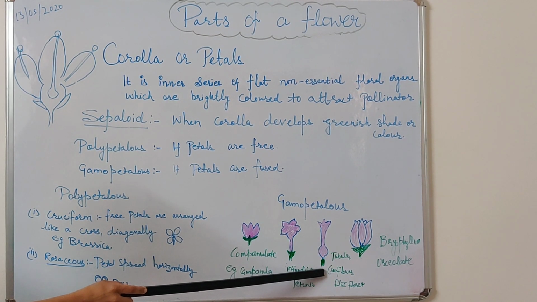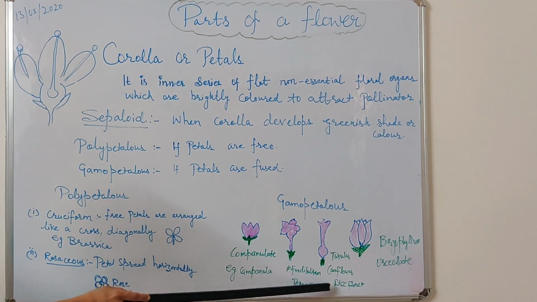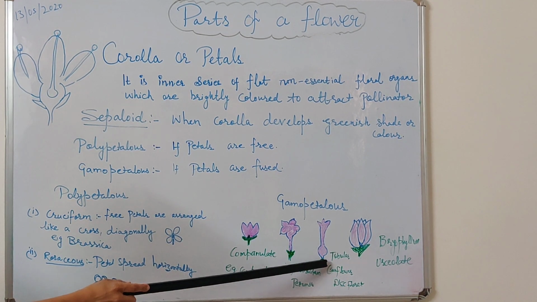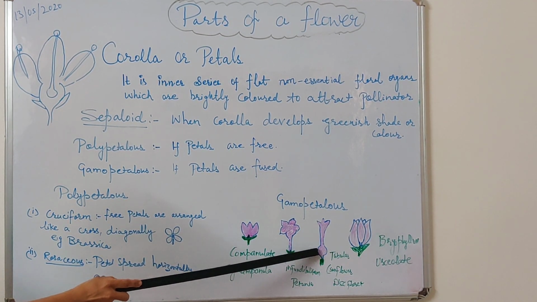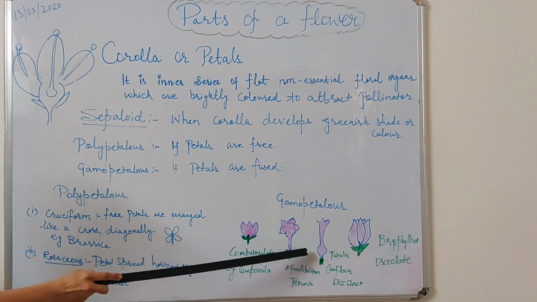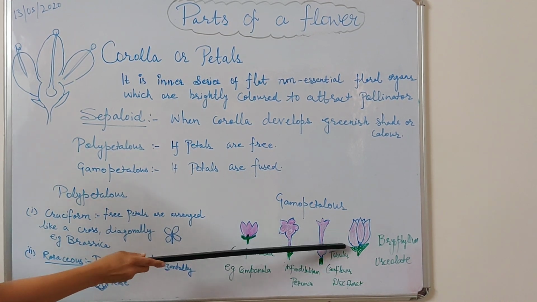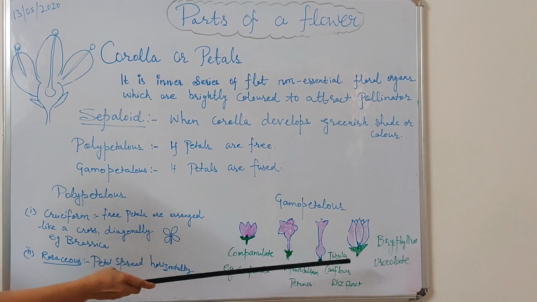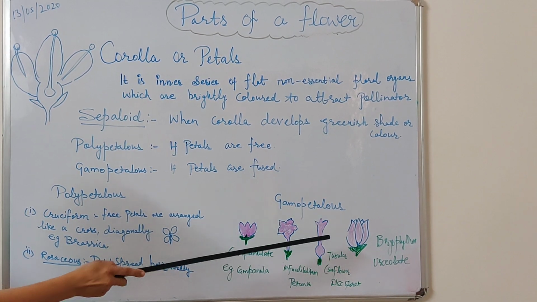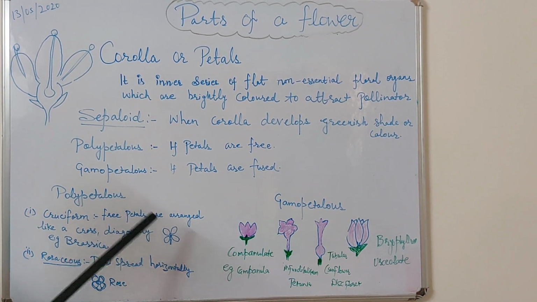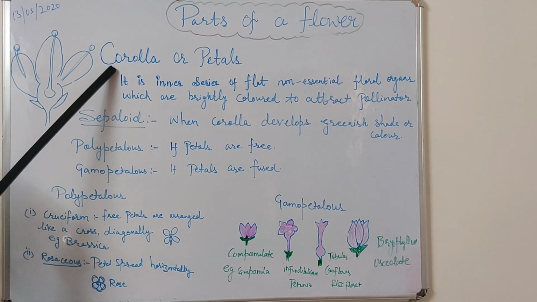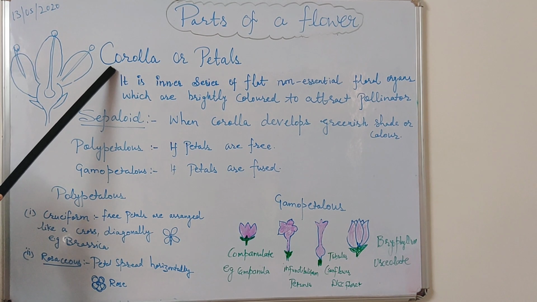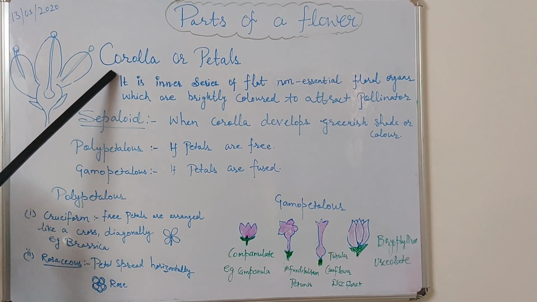In sunflower there are two florets, ray florets and disc florets. In disc florets we can see this tube-like shape. And in Bryophyllum, urceolate gamopetalous type is there. So corolla attracts insects to facilitate pollination, which is a very important event before fertilization.